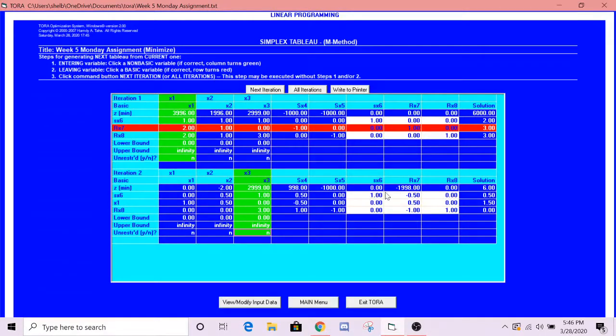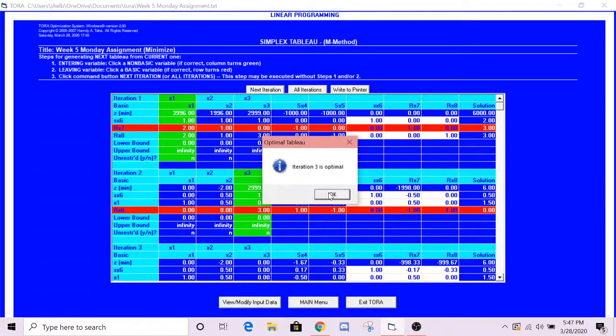And then ratio test, we have 0.5/1, 1.5/0, which you're not able to do, and 0/3, which is 0, so that should be the least non-negative. I wasn't sure if Tora counted that as the least non-negative, but it is. So then we'll go to the next iteration.